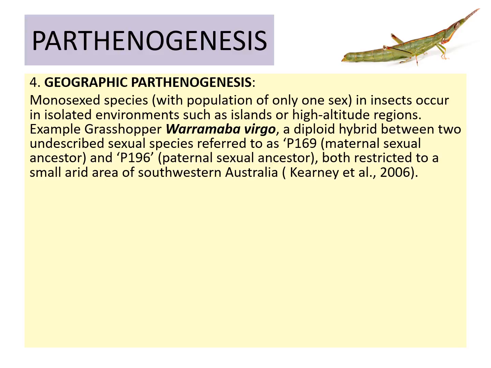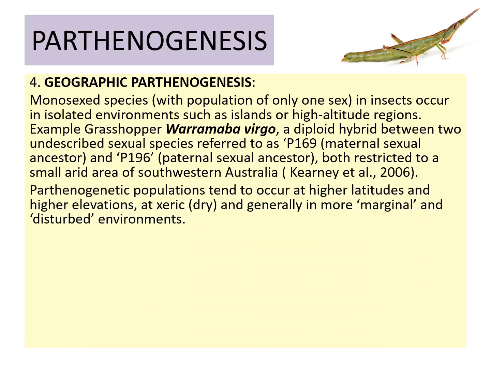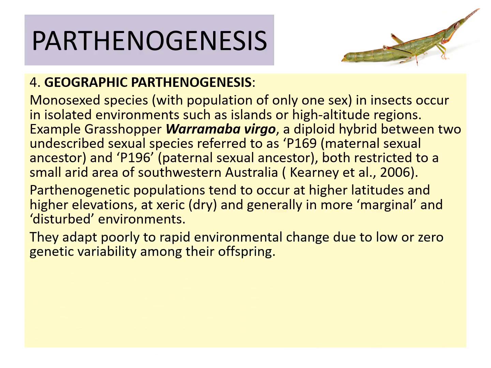For example, a grasshopper, a diploid hybrid between two undescribed sexual species, referred to as P169, the maternal sexual ancestor, and P196, the paternal sexual ancestor, both restricted to a small arid area of southwestern Australia. Parthenogenetic populations tend to occur at higher altitude and higher elevation at xeric, that is dry, conditions, generally in more marginal and disturbed environments.